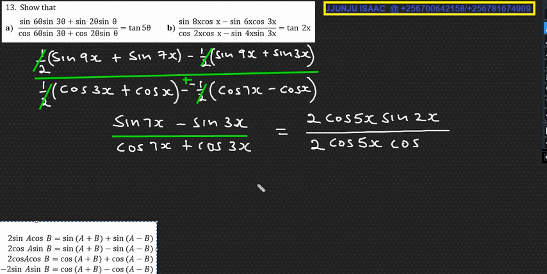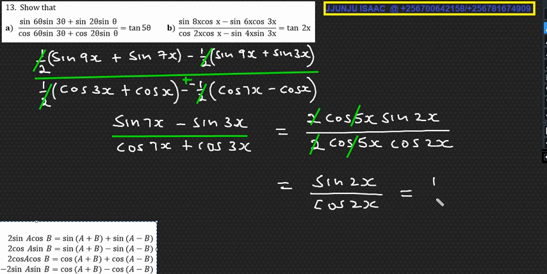Then cos, subtract them and divide by 2, we get 2x. So now you can see that this 2 cancels with that, cos 5x cancels with that, so we are left with sine 2x over cos 2x, which is tan 2x.